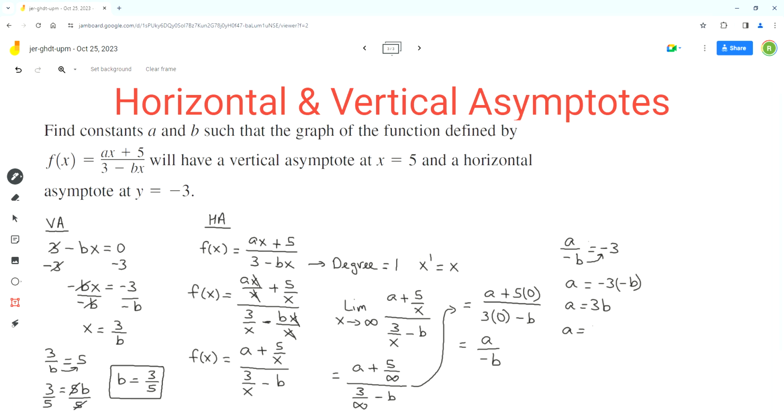So a equals 3 times 3 over 5. That gives us a equals 9 over 5. The denominator of 3 is 1. When we multiply fractions, we multiply the numerator terms and we multiply the denominator terms. So this should be the final answer for the value of a.